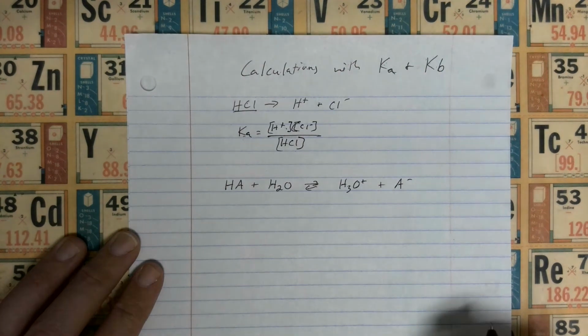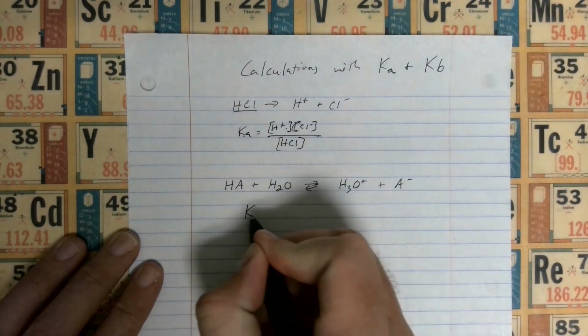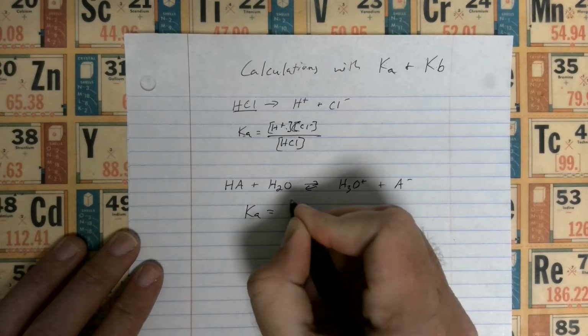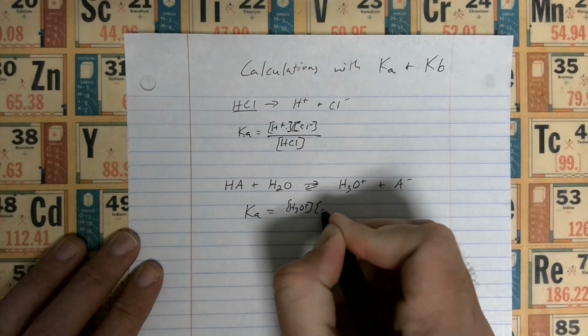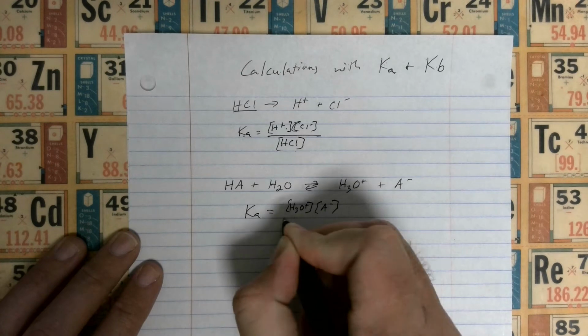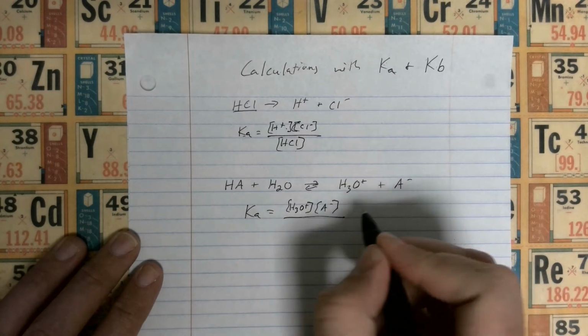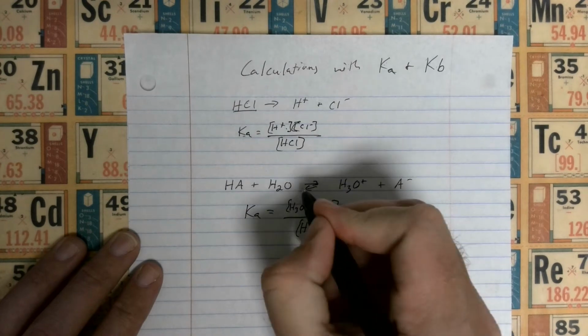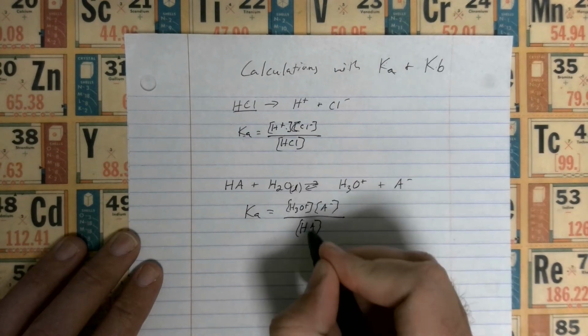Okay, so then if we wrote the Ka, the equilibrium expression, it's going to be products over reactants, so H3O plus times A minus over HA, and the water's a liquid, so we don't include that.